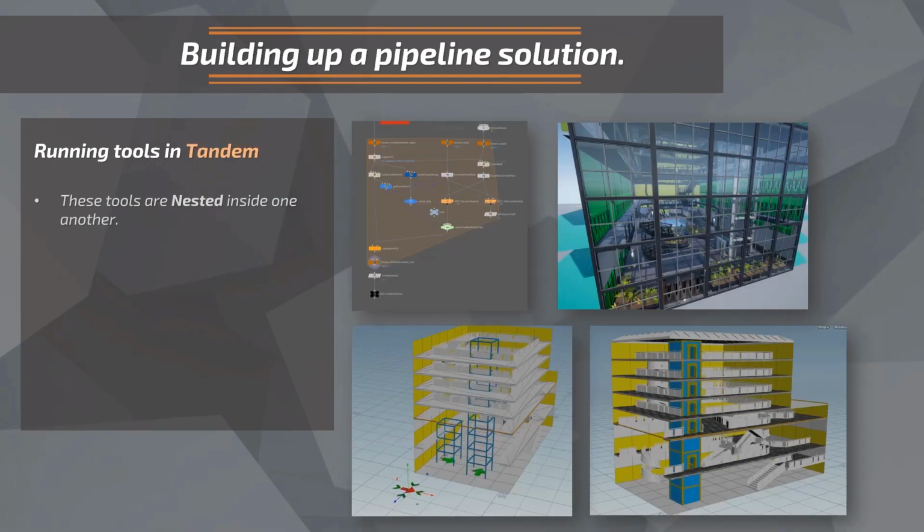So the first type of method I want to discuss here is when we run tools in tandem. And when we run tools in tandem, it basically means that we are nesting them inside one another. So here on the right, you can see I have this elevator and a staircase over here that are being generated inside of this atrium environment. And the tools themselves, the elevator and the staircase, are both subtools.